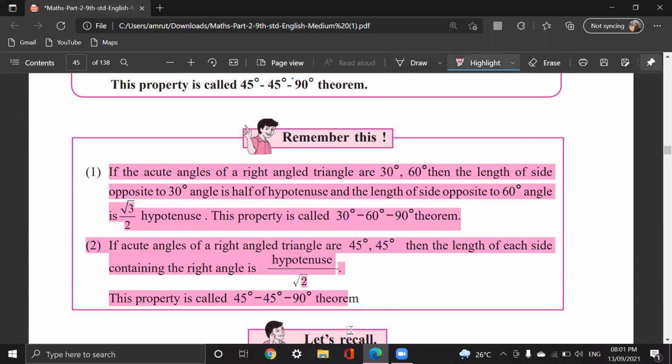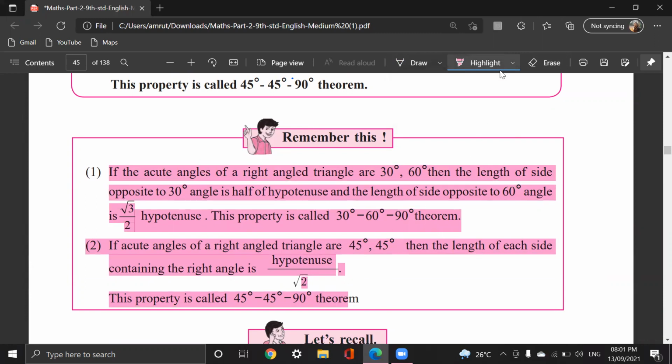So here, remember this, what they have given, all the formulas. Okay. So if the acute angles of a right angle triangle are 30 degree and 60 degree, then the length of the side opposite to the 30-degree angle, I'll just highlight with a different color, is half of the hypotenuse.